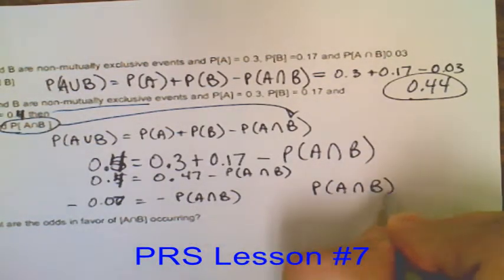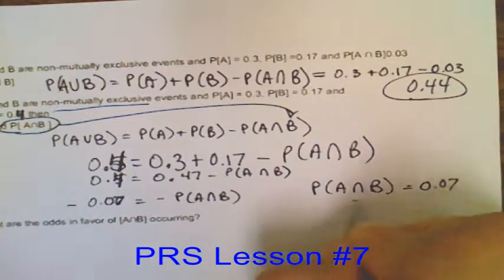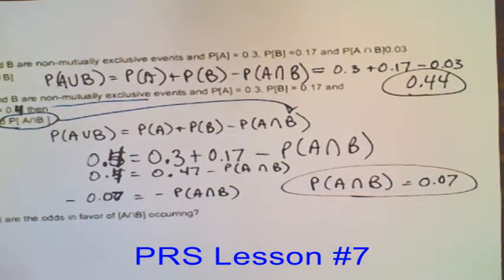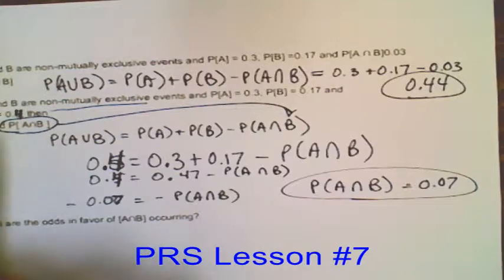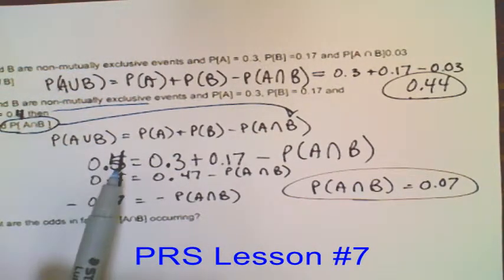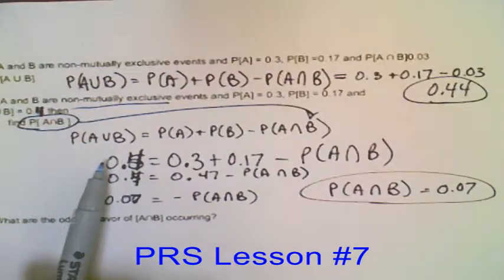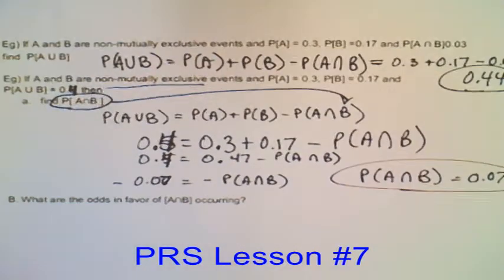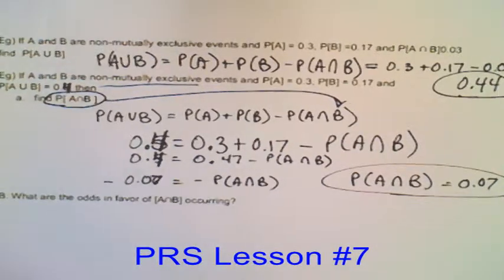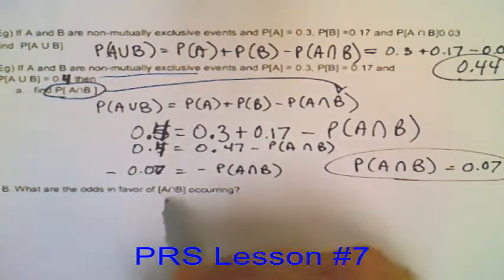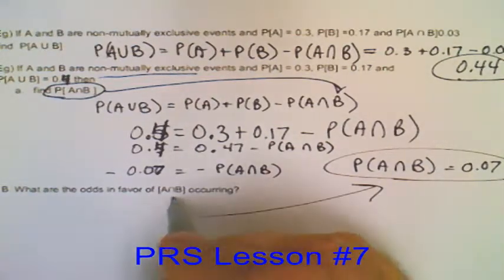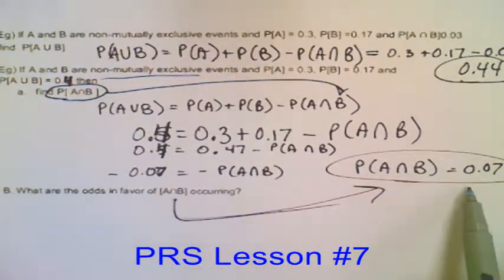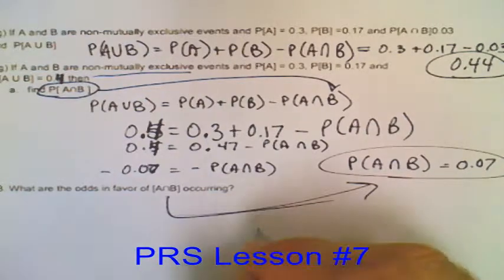I'm going to change this question because I notice this isn't making any sense. So that's got to be 0.4, which means that's 0.4, and that's 0.4. Now when I subtract, I'm going to get 0.07 equals negative P of A and B. Divide by the negative, and I get the probability of A and B occurring is 0.07.